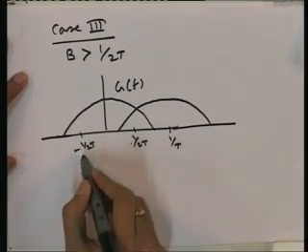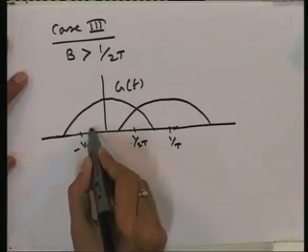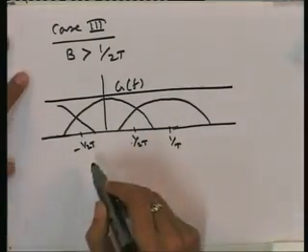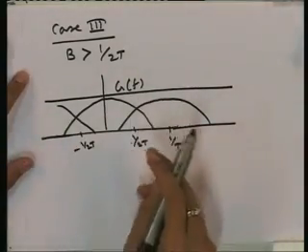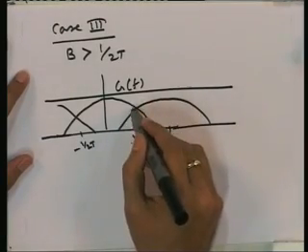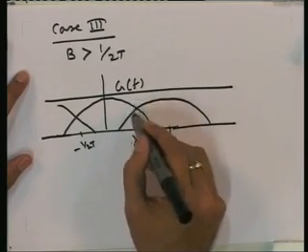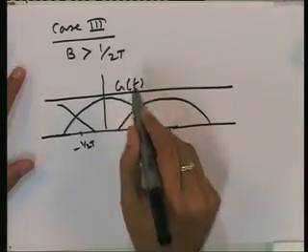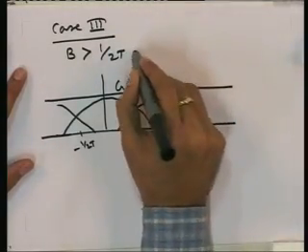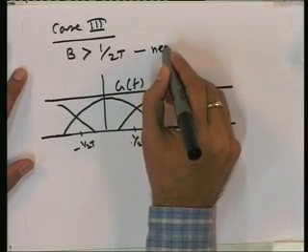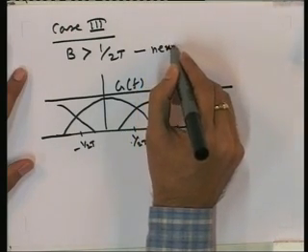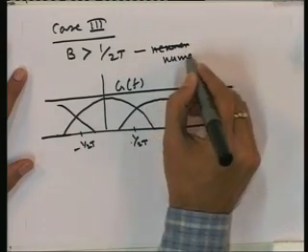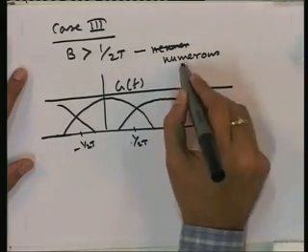But when we add these, this can still be 1, even if they overlap. This is decreasing, this is increasing, so they may add up to 1. So there are in fact numerous possibilities for this G(f) in this case.